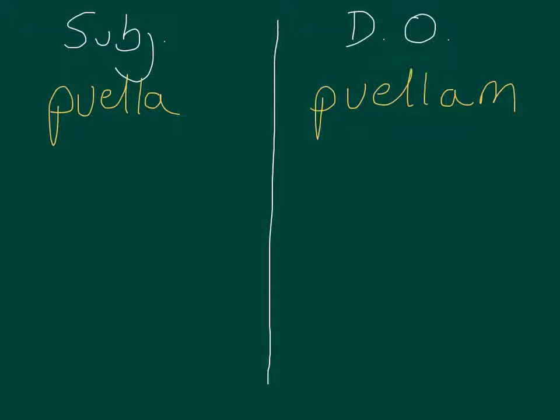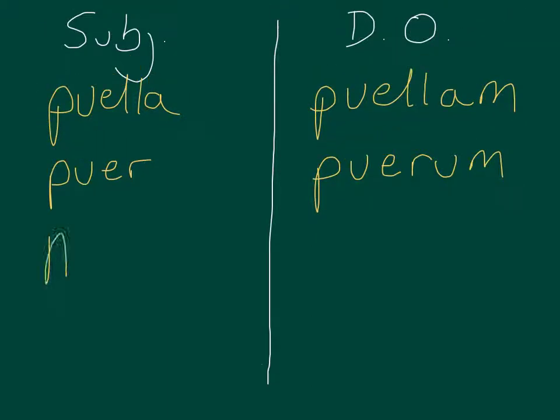If the boy, puer, is doing the action, it'll be puer. If the boy is receiving the action, it'll be puerum. If Marcus is doing the action, it'll be Marcus.